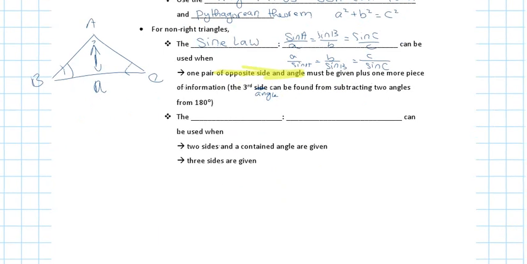The cosine law. In the cosine law, you have two different formulas: either a squared equals b squared plus c squared minus 2bc cos A, and that's in the case of two sides and a contained angle, or cos A equals b squared plus c squared minus a squared over 2bc. You can use either one of these.